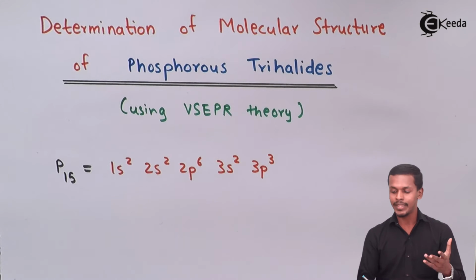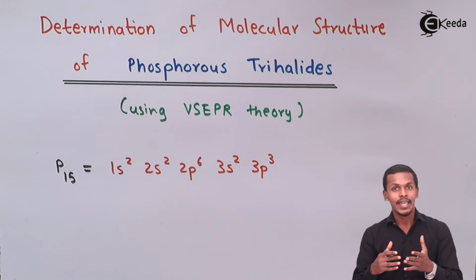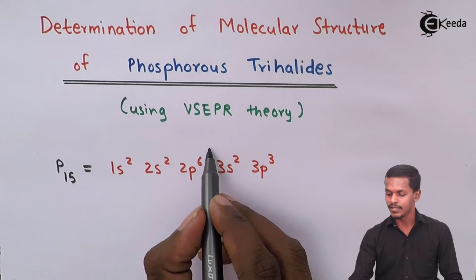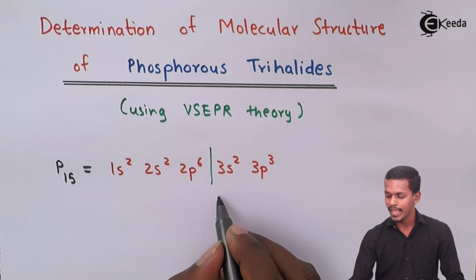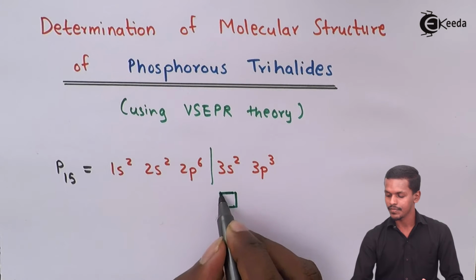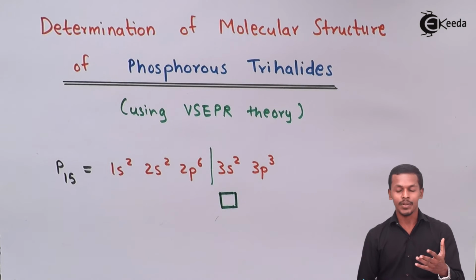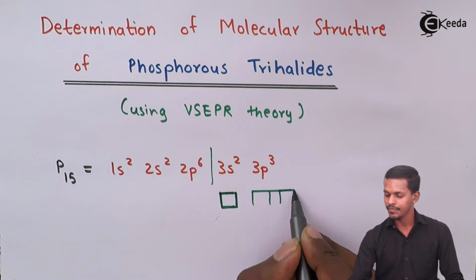So let us analyze the number of orbitals present in it. Let me discuss the last orbit, the third orbit, which is the valence shell I am talking about. Let us understand how many electrons are present in the s orbital, while in the p orbital.